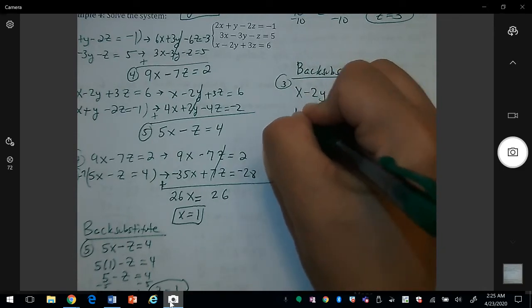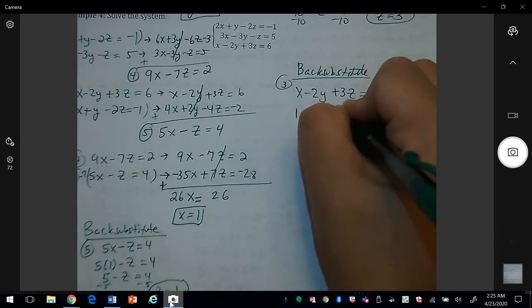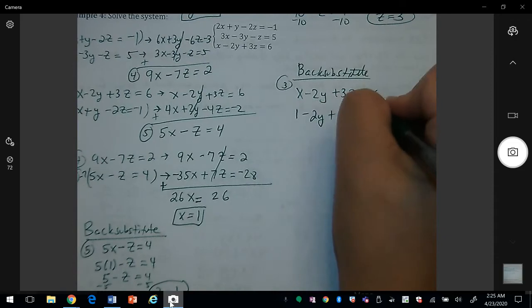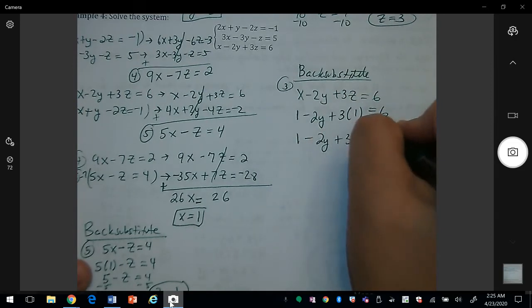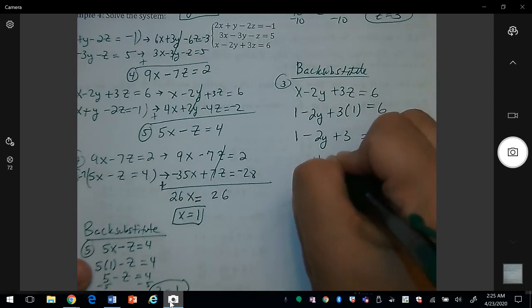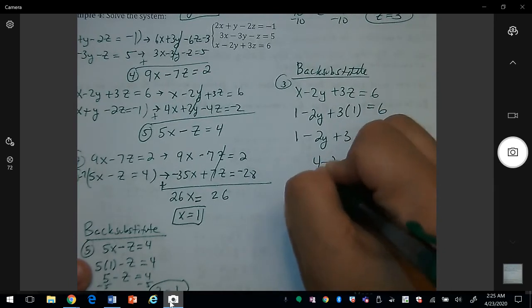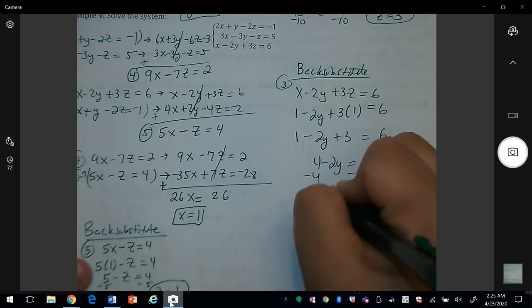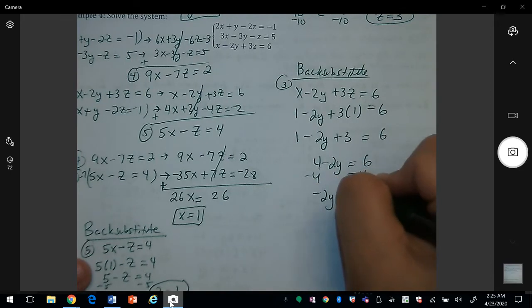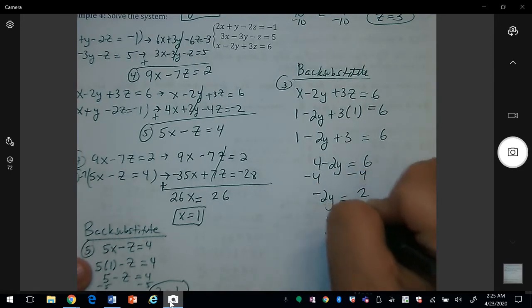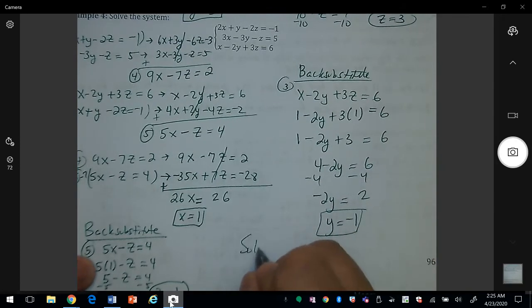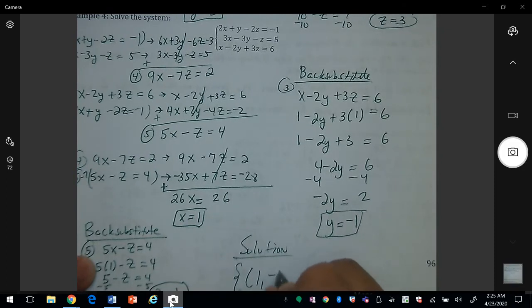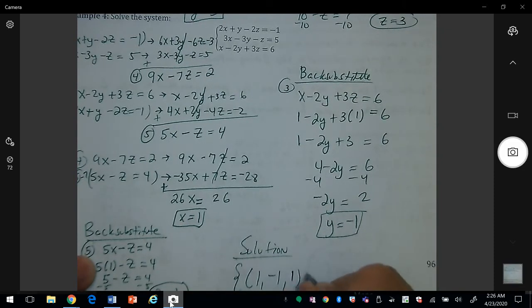Here x is 1, z is 1, 3 plus 1 is 4, subtract the 4, 6 minus 4 is 2, so y is negative 1. So my solution is x is 1, y is negative 1, and z is 1.